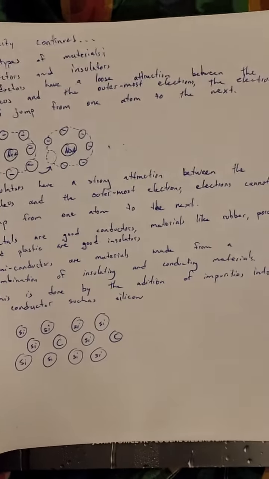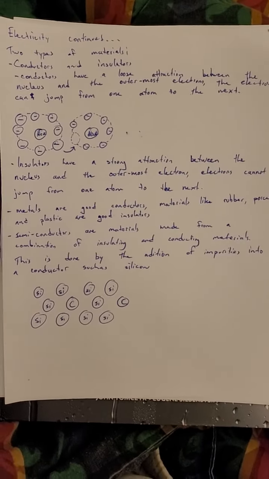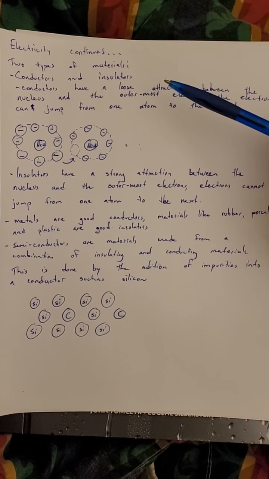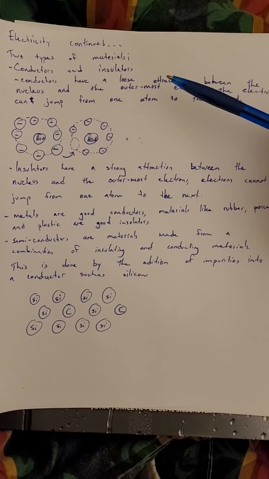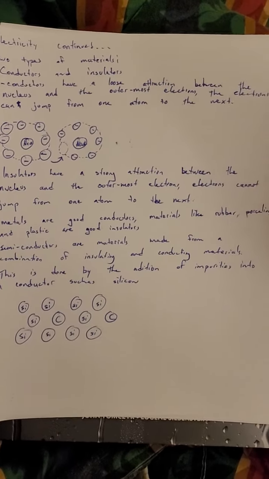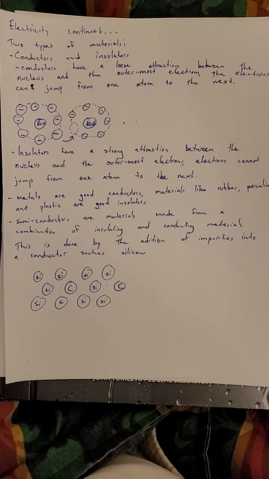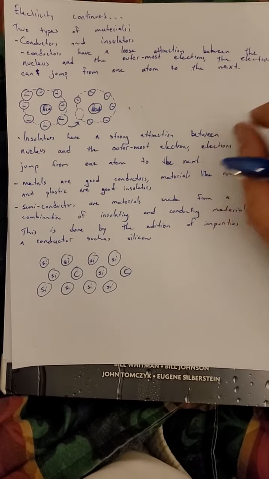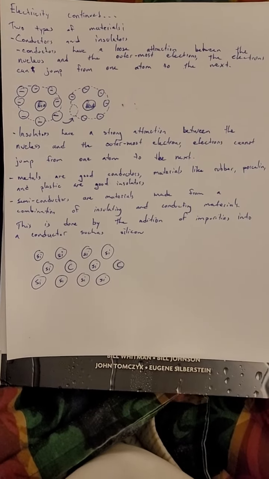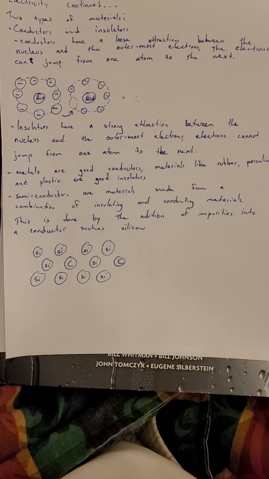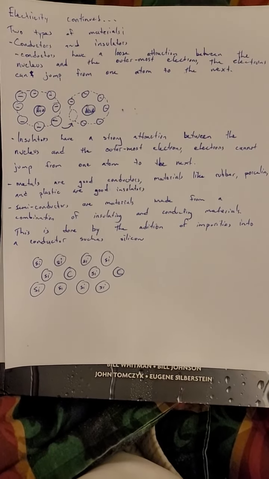Now, with that in mind, we will continue. There are two types of materials, and when I say materials, I'm also referring to elements. By the way, when you have one atom, it's just called an atom. When you have two atoms together, of the same type or of a combination of different types, it is now called a molecule.